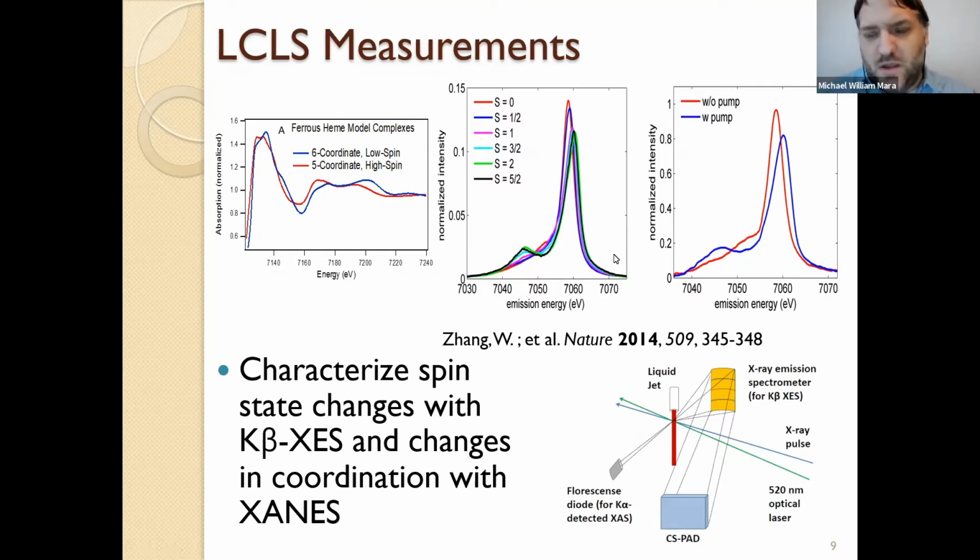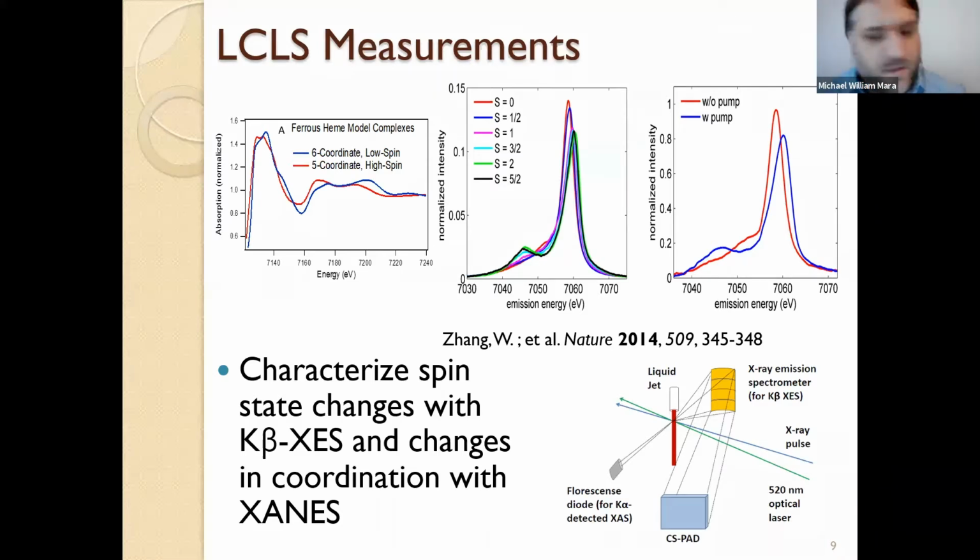And initially, we decided to look at these systems using both iron K-edge X-ray absorption to quantify some of the electronic changes, but primarily to look for structural changes in the shape resonances post-edge. And we also used Kbeta X-ray emission. Now, Kbeta X-ray emission is a very good sensor of the metal spin state.